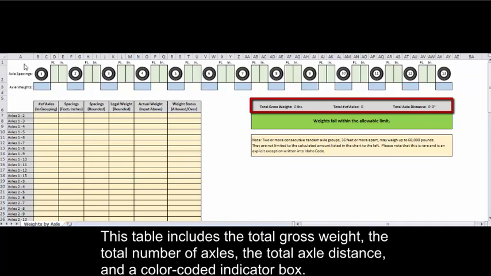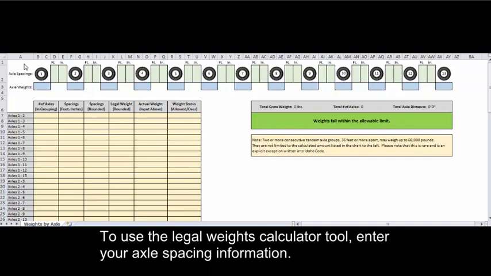This table includes the total gross weight, the total number of axles, the total axle distance, and a color-coded indicator box.